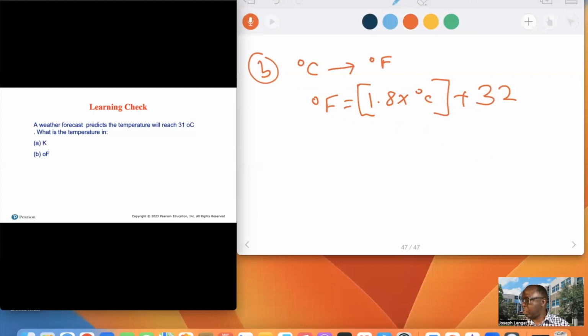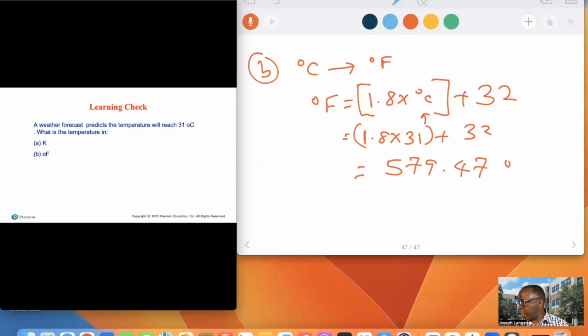It's just a constant, and 1.8 is also a constant, so we go by the given value with two significant figures for multiplication. So 1.8 times 31 plus 32. Your calculator will give you 579.47 degrees Fahrenheit.